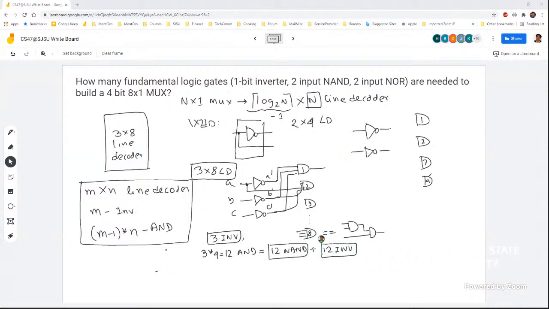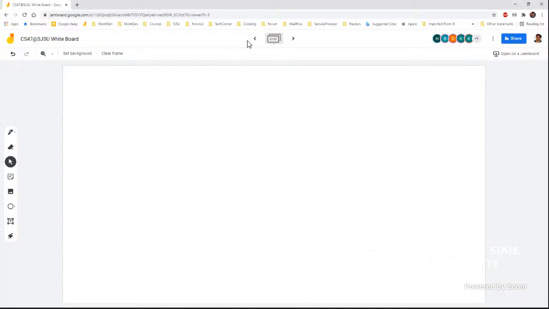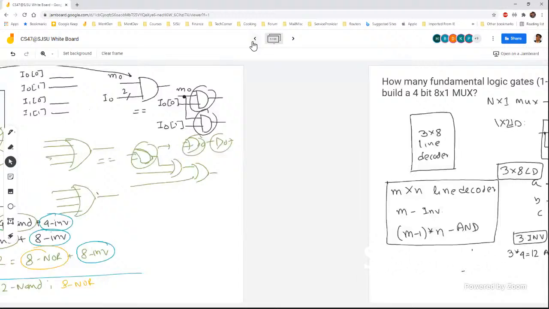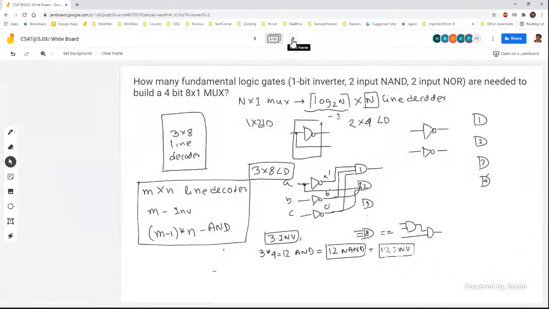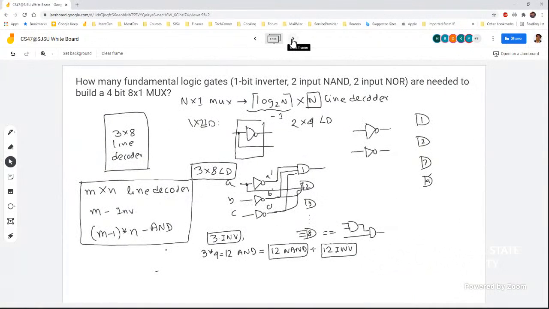Now the other part. If we recall, let's look at once more the 4 by 1 multiplexer. So this enable circuit stage will have that many AND gate as number of input, right? So here we are talking about 8x1 multiplexer.